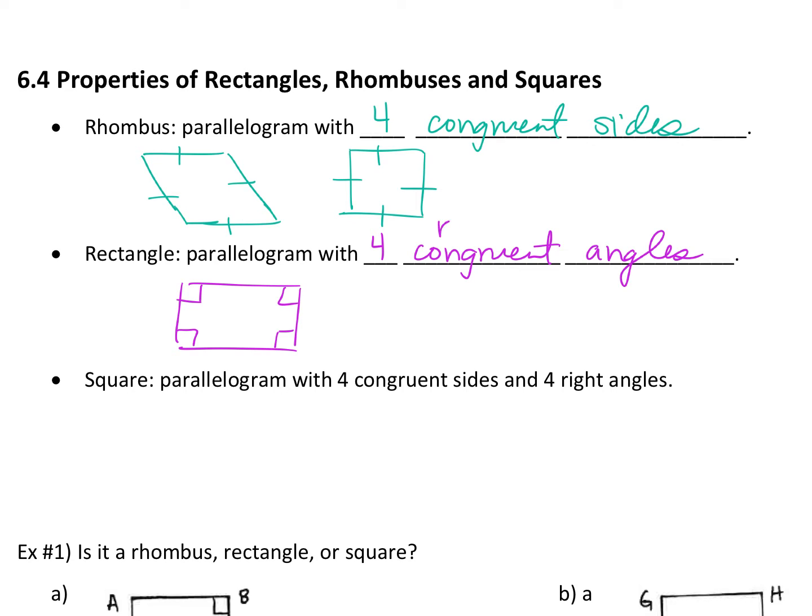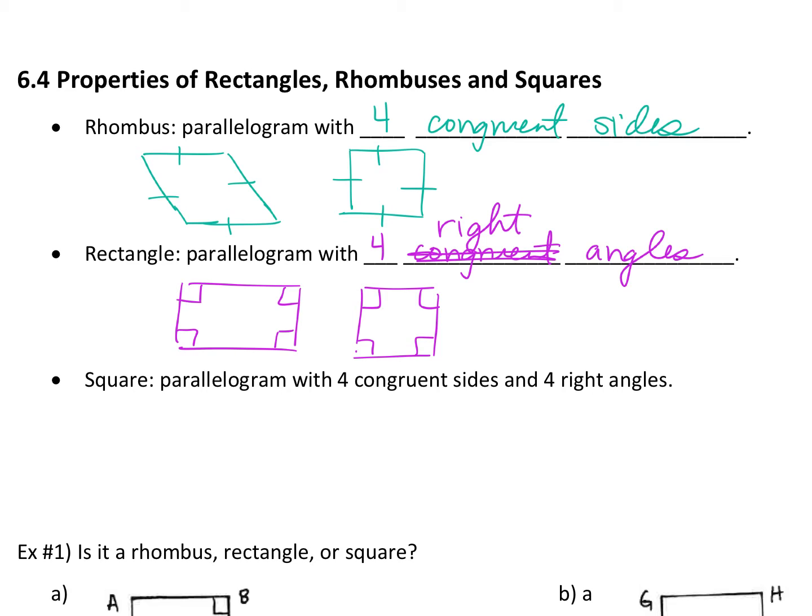You can write it as a parallelogram with 4 right angles. Now again, that could look like this because a rectangle can be a square, right? So both of those would be examples of rectangles.